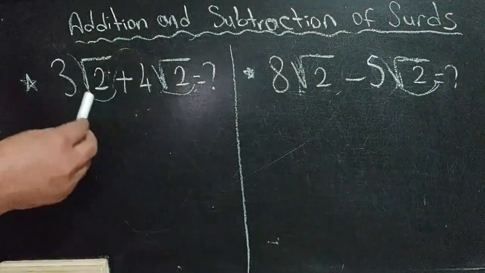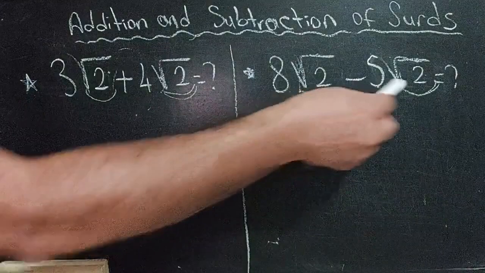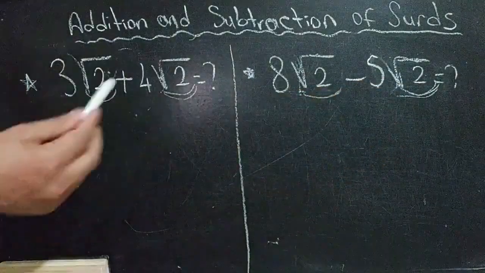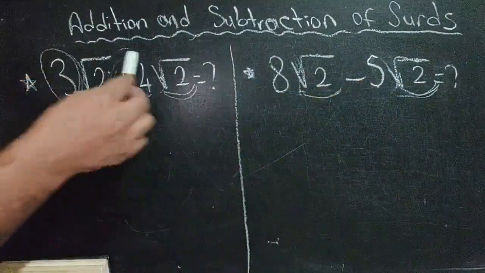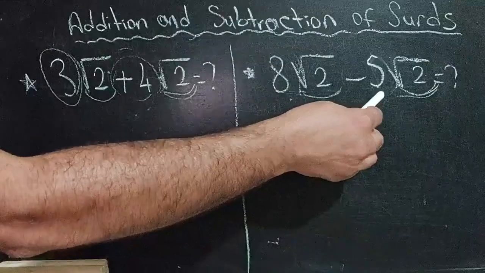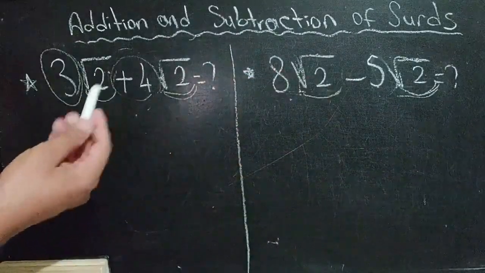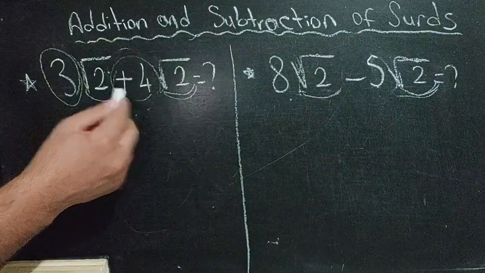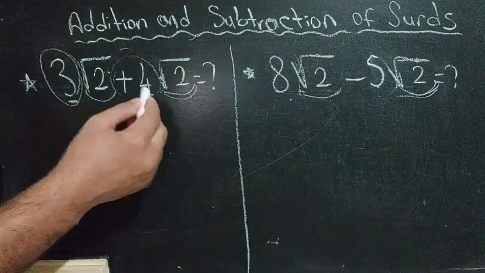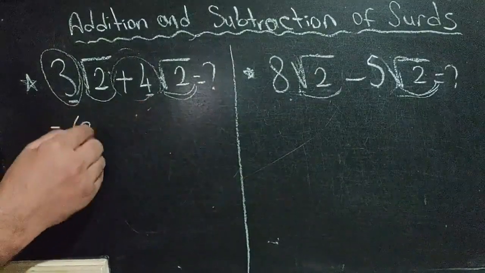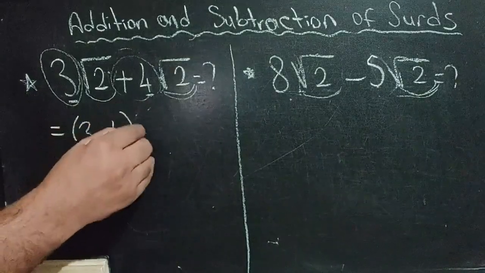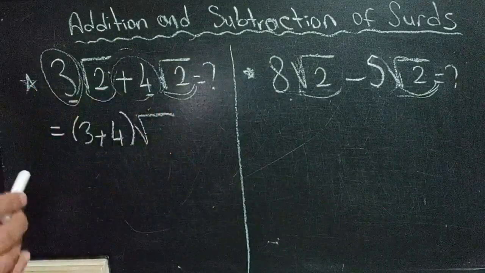So, when you have the same surds, you can add or subtract the coefficients of surds to each other, like those questions. So, what you do, you add 3 to 4, and please don't confuse.